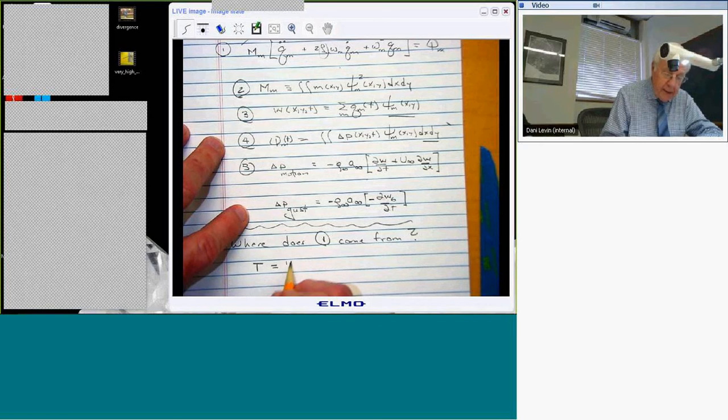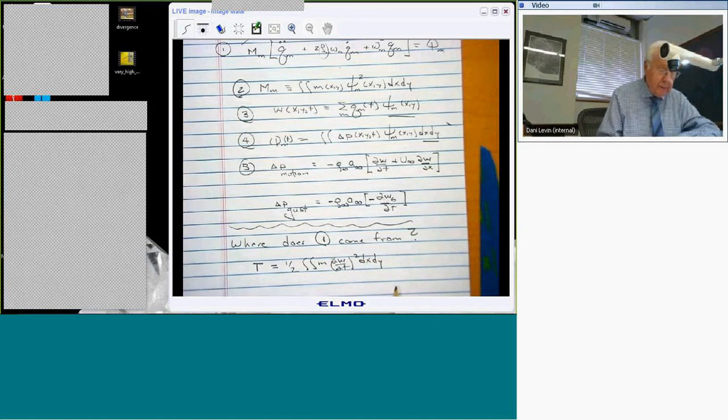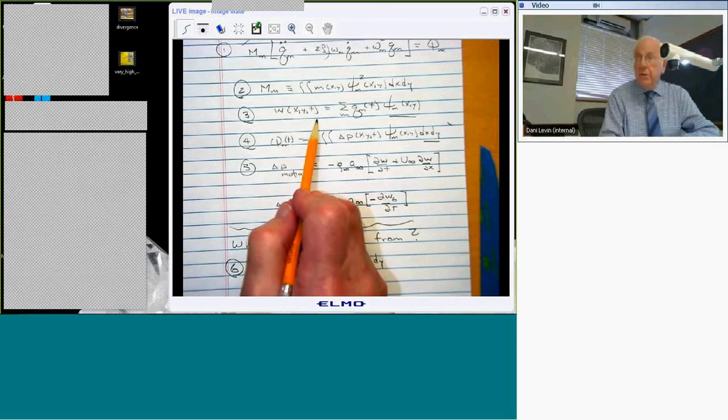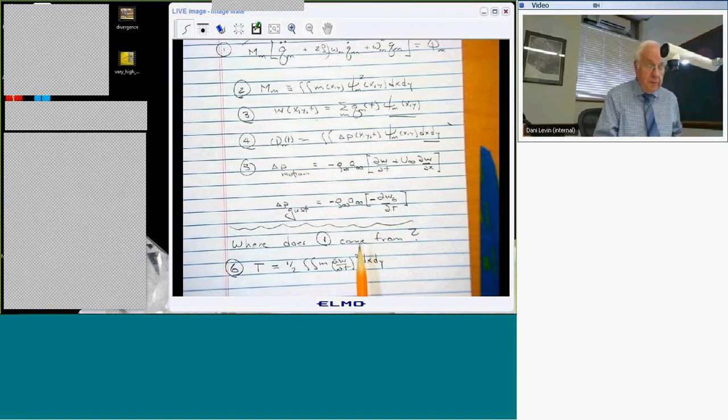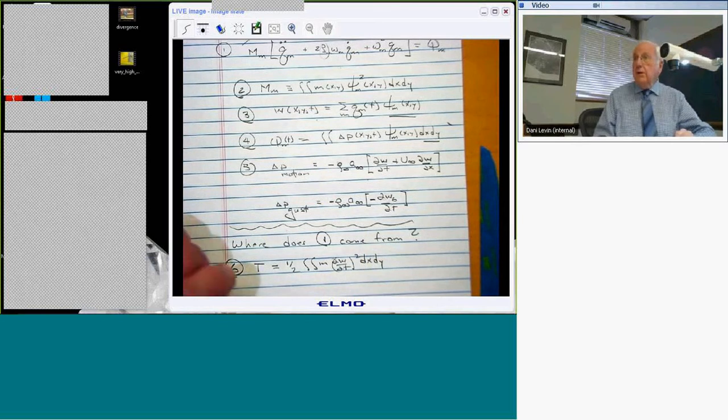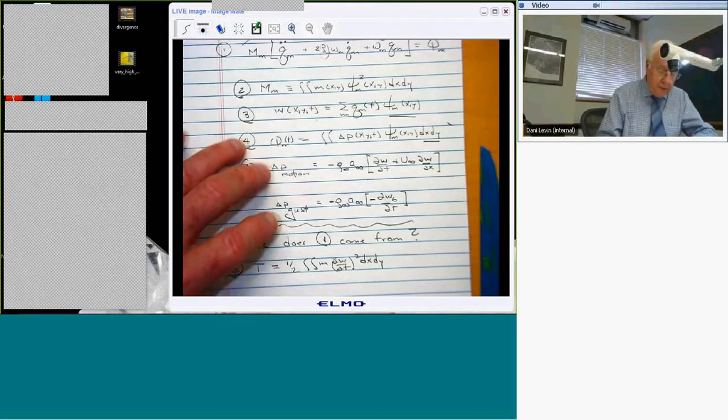Remember, the kinetic energy is 1/2 mass times (dw/dt) squared dx dy. This is equation 6. And so if we take equation 3, which expresses w in terms of the q's, we can write this in terms of the q's, right? So let's do that.